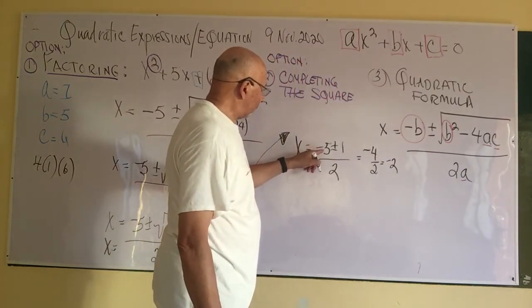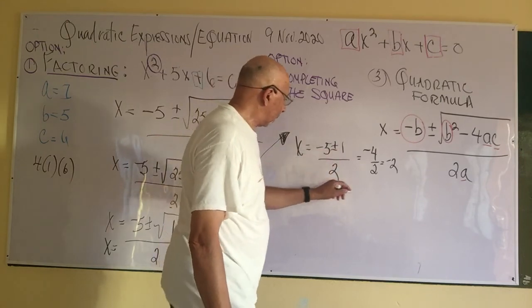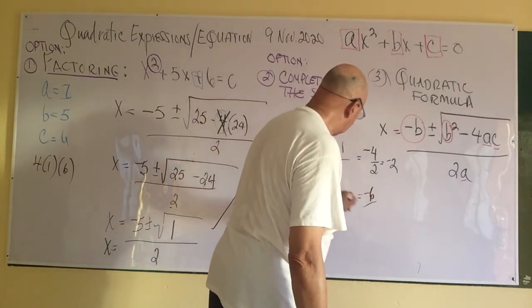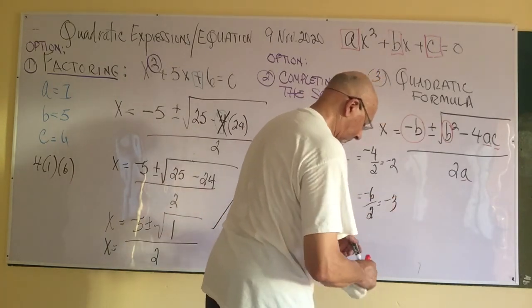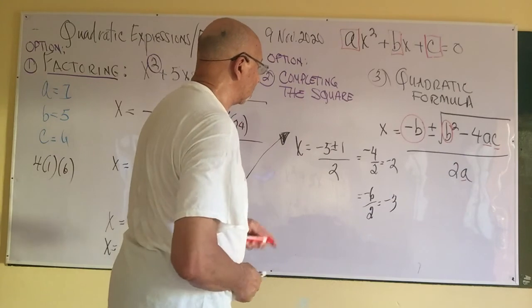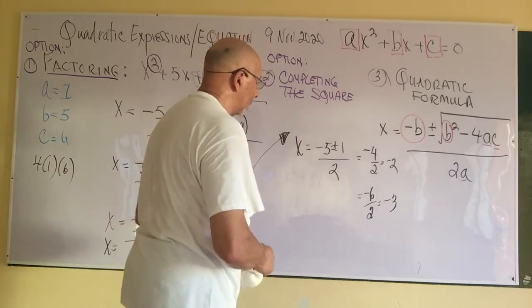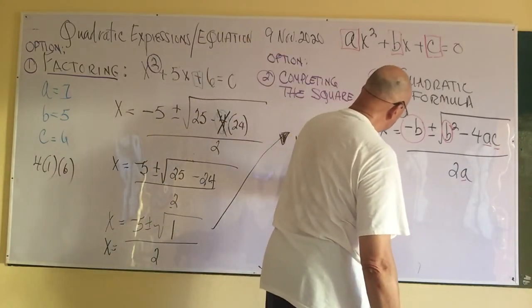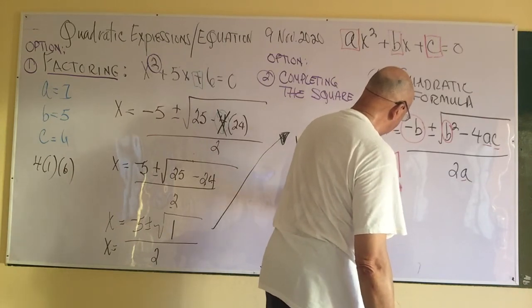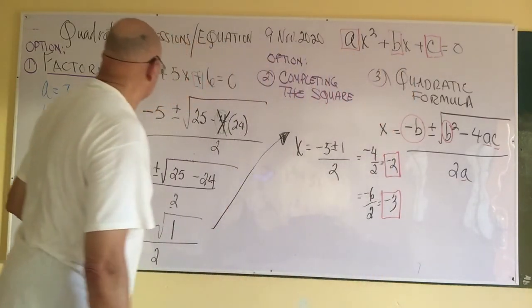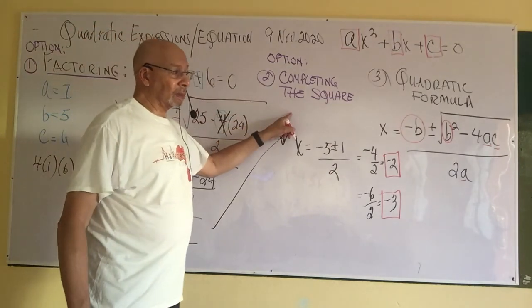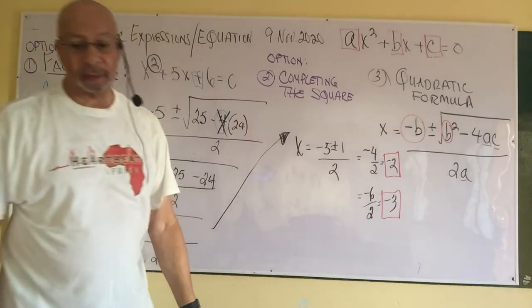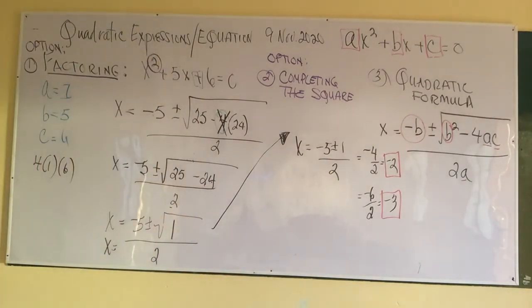If 1 is negative, I have negative 6 over 2, which is negative 3. So using the quadratic formula, I end up with negative 2, negative 3, just like I did when I factored, just like we did when we completed the square, and just like we did once we corrected my error by using the quadratic formula.